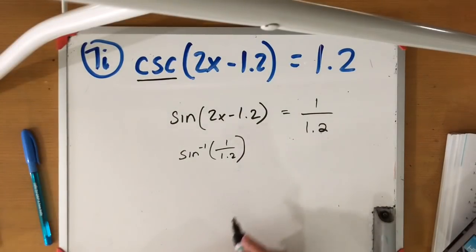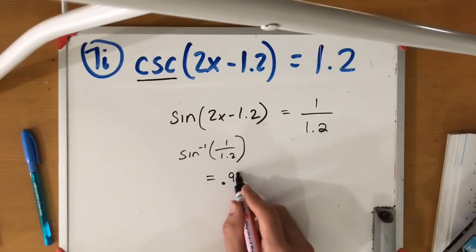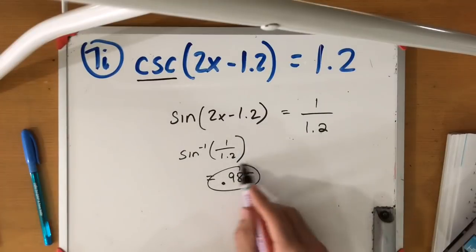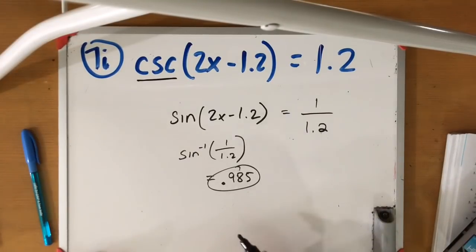That would be equivalent to 0.985. Okay, so this is our angle in radians, our base angle or alpha.